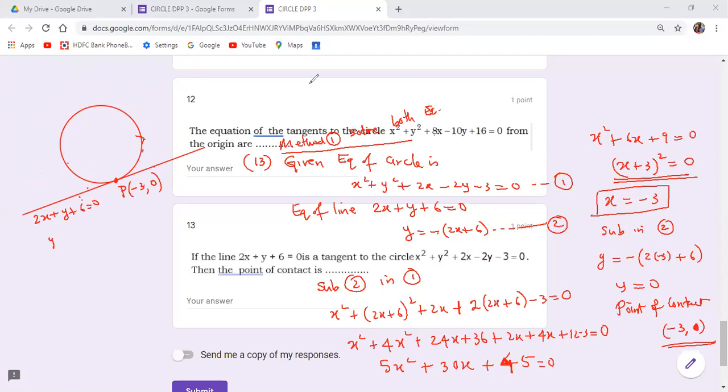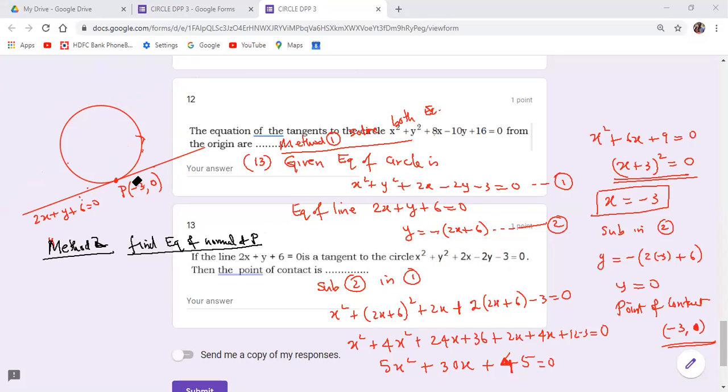Second method. Method 2: find equation of normal at the point of contact.